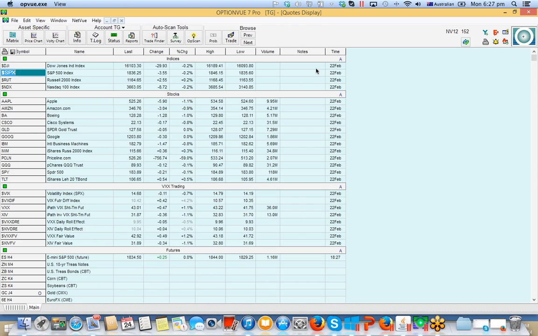For some of you who already have OptionVue, you are familiar with this trading platform. But for those of you who are not, I would like to mention that, of course, this is an exceptional tool for you to manage your positions and specifically manage your trades, right?